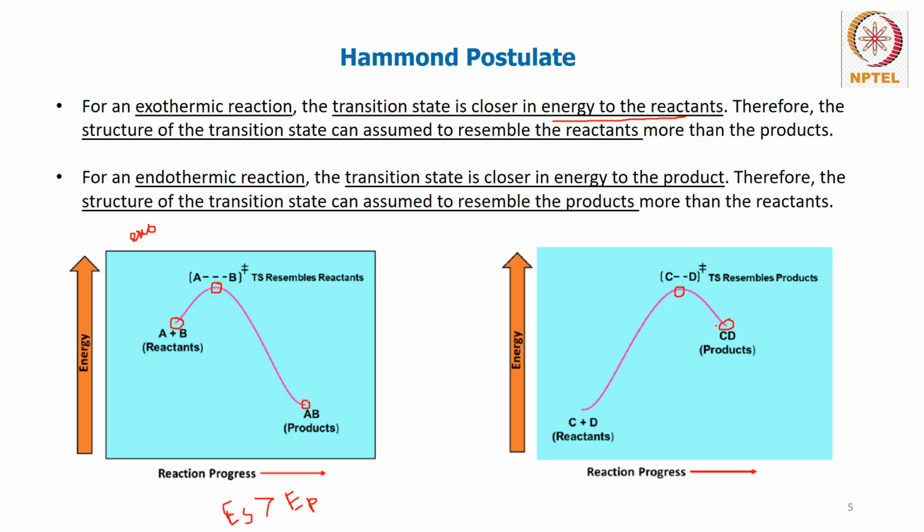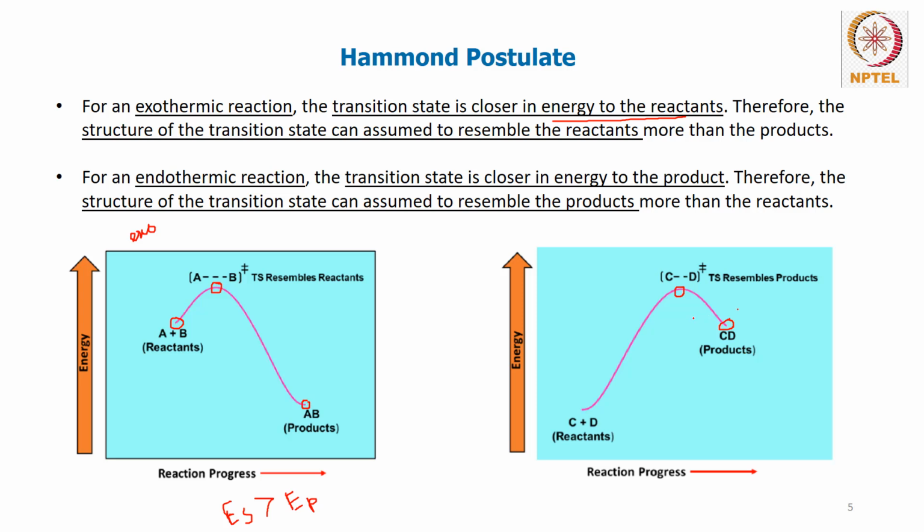So if the product stability is somewhat present in the transition state also, if the product is stable, the transition state will be stabilized. As it has some product nature, if the product gets stabilized, the transition state will also get stabilized.